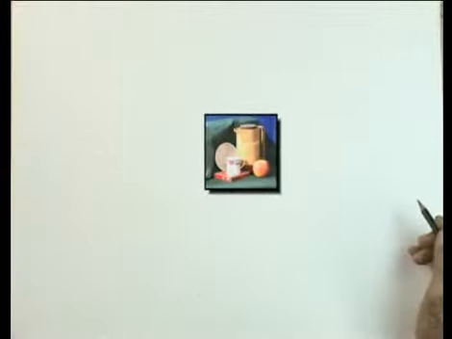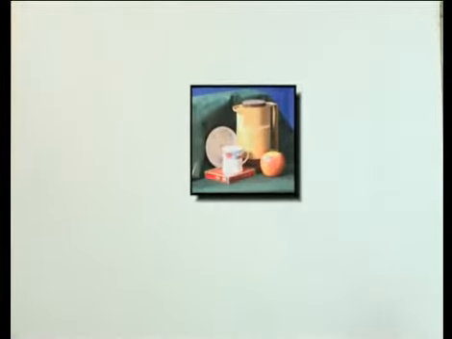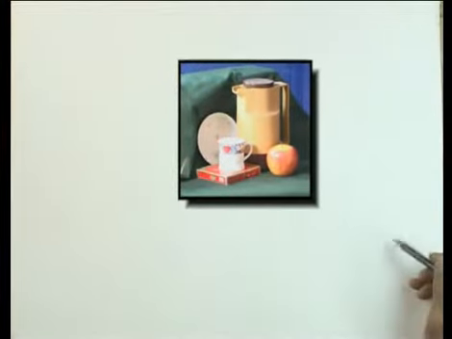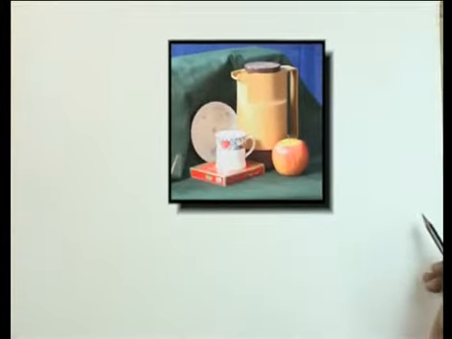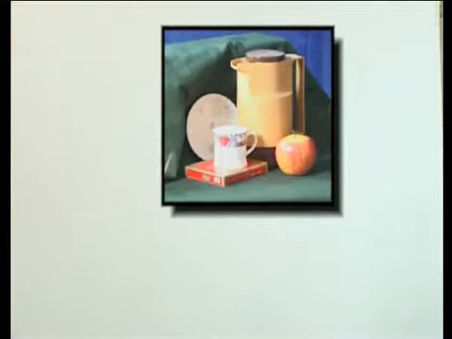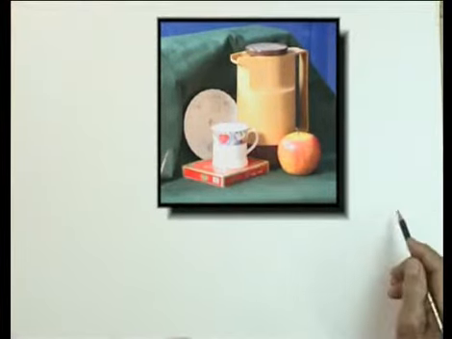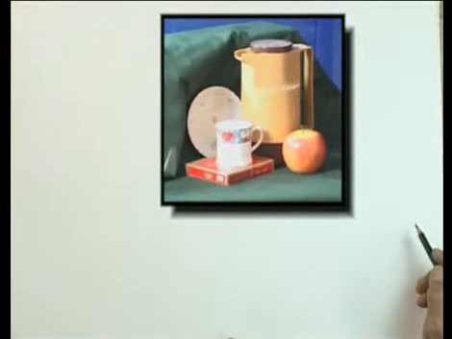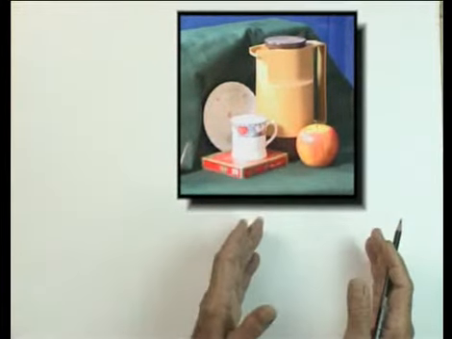Now here, for example, in the still life, I see the ochre color, yellow ochre of the jar, the brown, the white of the plates and the cup, the orangish red of the apple, the red of the box, the blue, red, white colors in the strip of designs, and the green of the drapery. They are the important colors. So my composition would evolve around these colors.